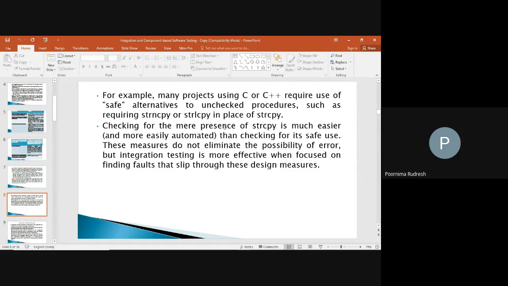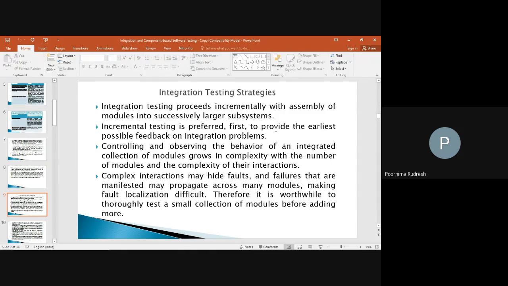Checking for the presence of this function is much easier than checking for its safe use, because whether it is safely usable or not is known only when the program is executed, right? Until then, it is very difficult to check whether the use of that function is safe or not. Hence, instead of checking for the safeness, we can just check for the presence of this particular function. Like that we can avoid different integration faults.